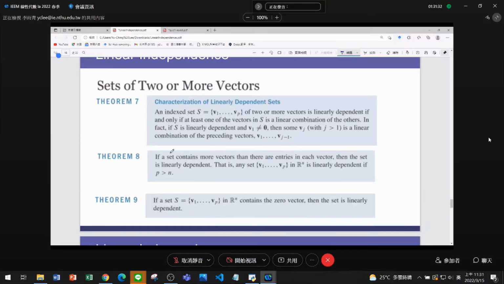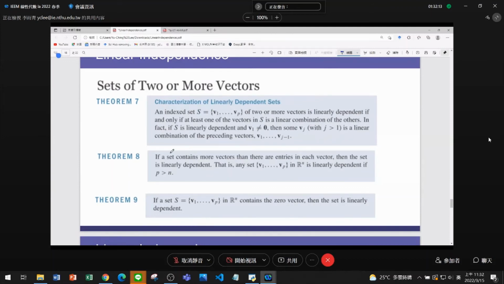In fact, if S is linearly dependent and V1 is not the zero vector, then some Vj is a linear combination of the preceding vectors. It means that you can find such a linear combination for some index j, using the preceding vectors from 1 to j minus 1.